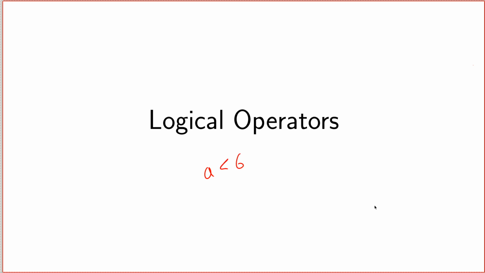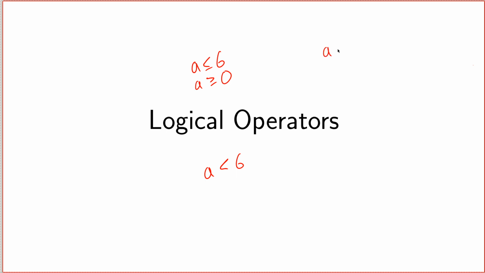But what if I wanted to ask a question that was more complicated, like is A inside of a particular range? Is, for example, A less than or equal to 6, and is A greater than or equal to 0? Or I could ask questions where I'm not requiring both conditions to be true, I want either of them to be true.